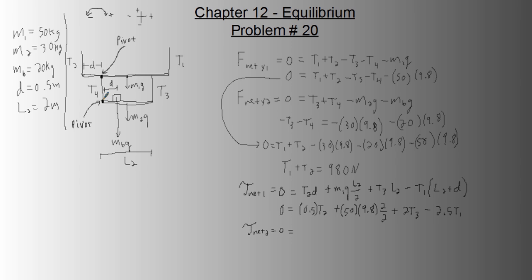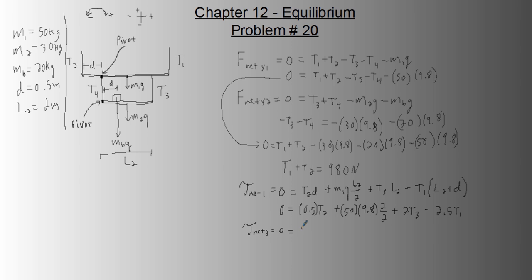So anyway, if this is our pivot, then we have three forces causing torques. The mass of the block wants to pivot it clockwise. Mass of the bar 2, same. And tension 3 counteracts that and goes counterclockwise.